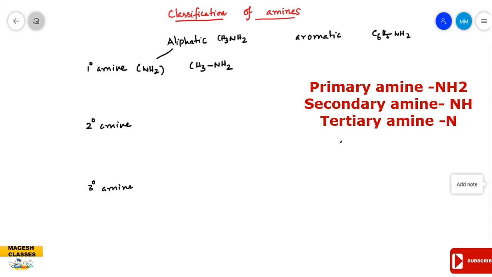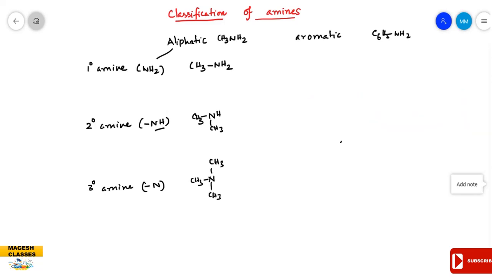In secondary amine, the characteristic group is NH. That is, two alkyl groups are attached to the nitrogen and one hydrogen atom is present on the nitrogen atom. So the characteristic group is NH. Tertiary amines have the characteristic group N, in which three alkyl groups are attached to the nitrogen atom.